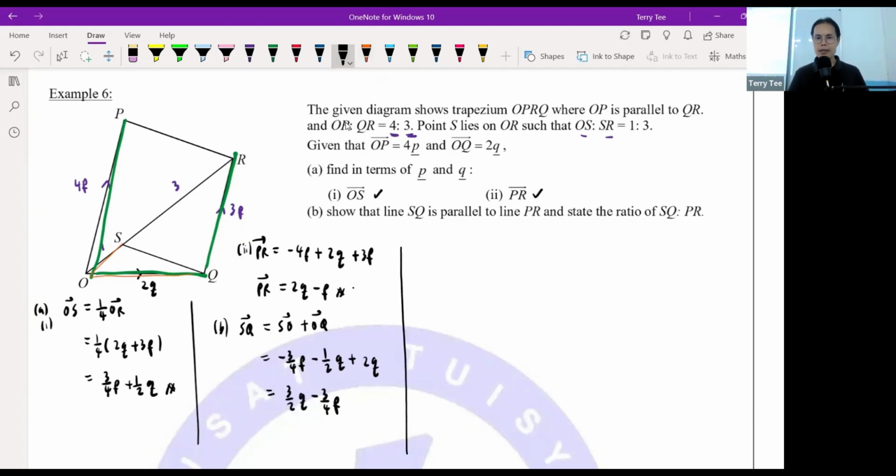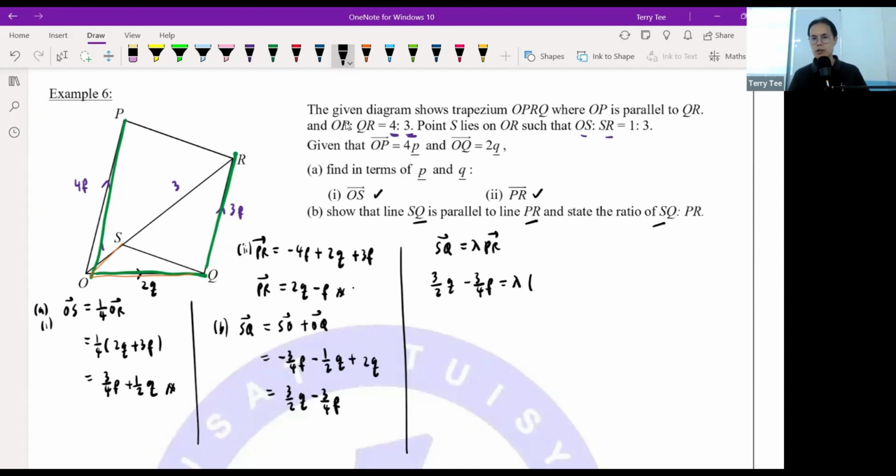So I've got my SQ and I got my PR. I need to show that SQ is parallel to PR. So we start by writing SQ equals lambda PR. Sorry, I think I wrote the wrong one. My SQ is 3 over 2Q minus 3 over 4P.